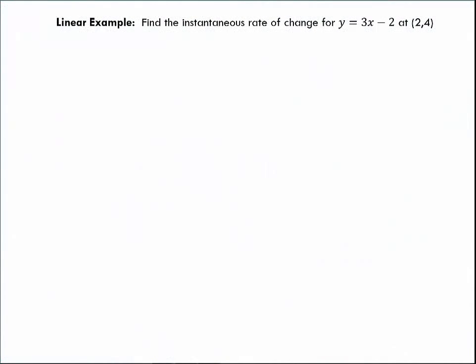All right, one of the big keys to understanding is that when you're finding instantaneous rate of change, you're finding the slope. So if that's true, if I have a linear equation, a line, we remember that whole y equals mx plus b.